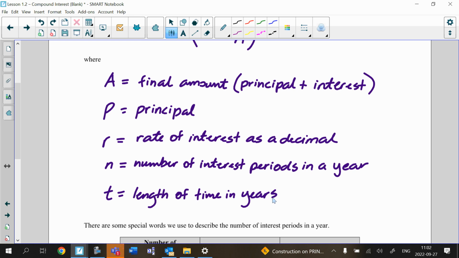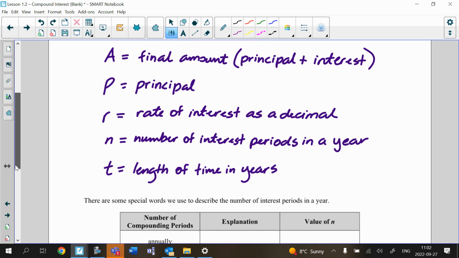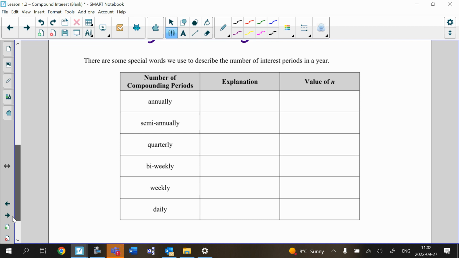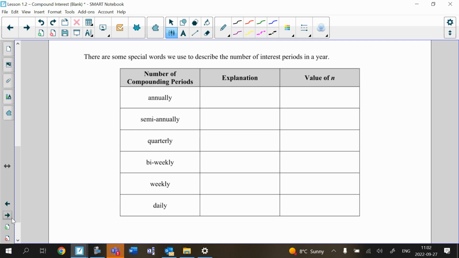But let's say you invest something and its interest is compounded annually. That means interest is calculated once a year. Therefore, the value of N would be 1 because it's calculated one time.